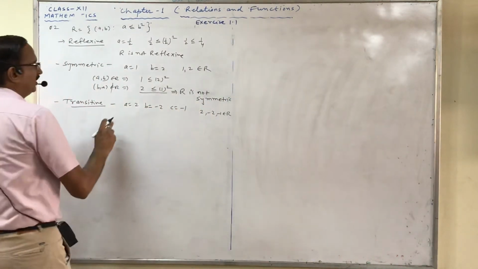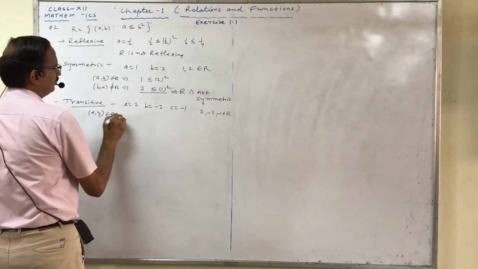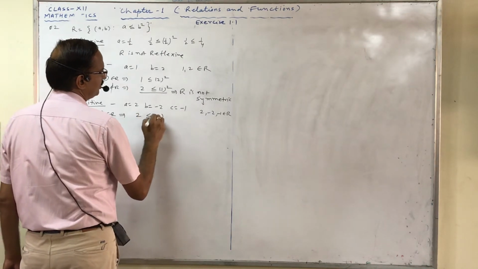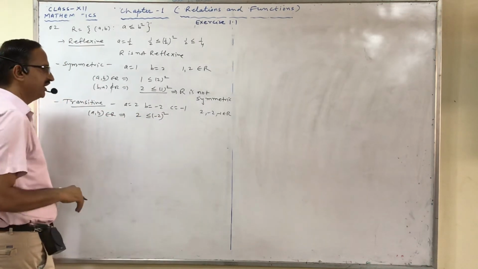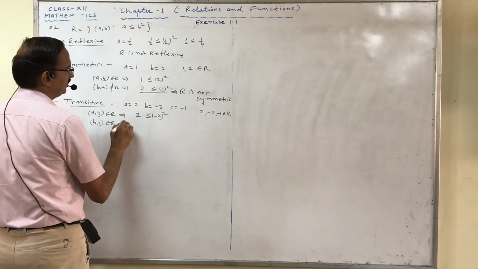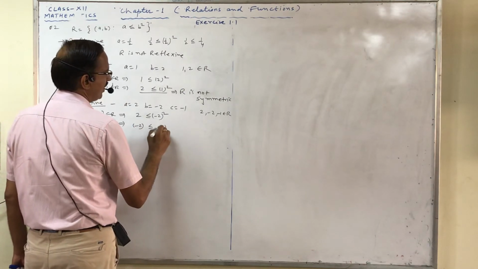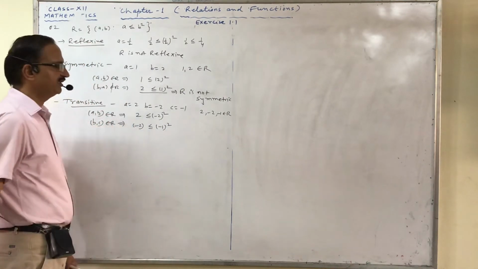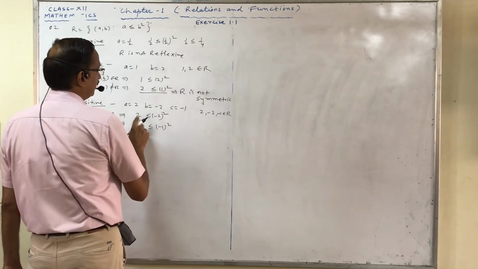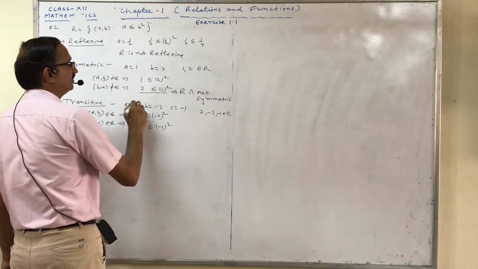Now, first of all, (a, b) belongs to R. This implies that 2 is less than or equal to minus 2 square. It is correct. Now, (b, c) belongs to R. This implies that minus 2 is less than or equal to minus 1 square. It is also correct. Now, check whether it is applicable for 2 and minus 1.